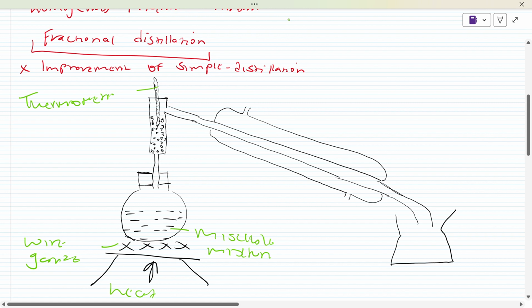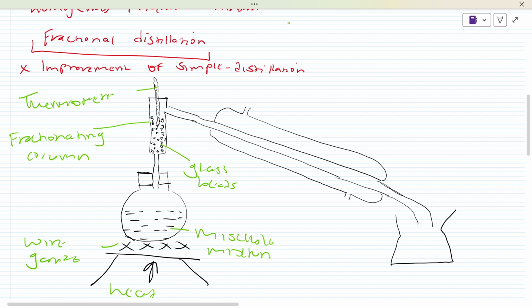Then this thing here is called the fractionating column. Then inside it, around the bottom, solid-like things, we call them glass beads. Then this one is the condenser. Warm water out.